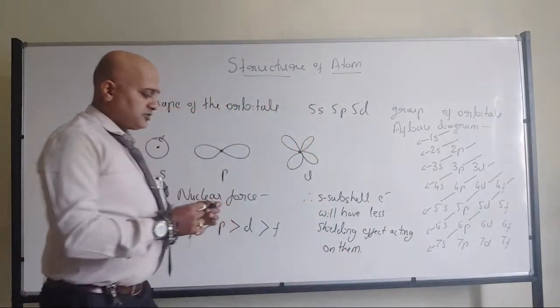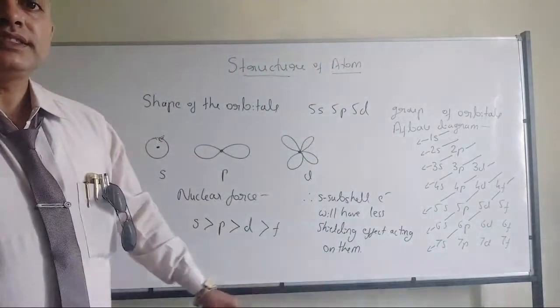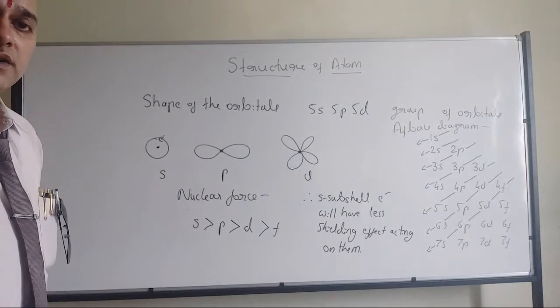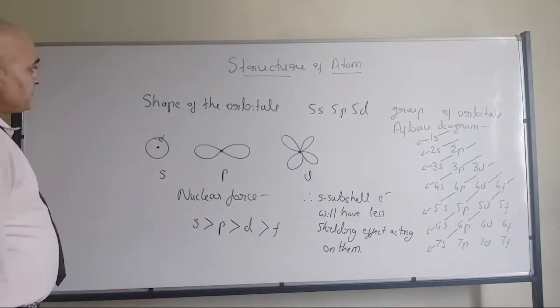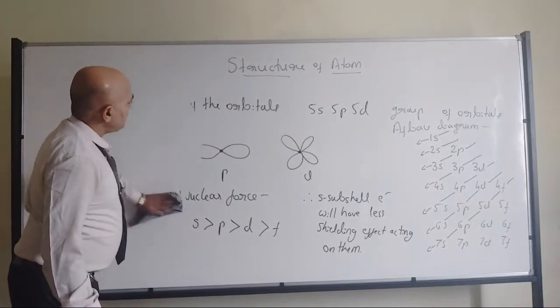All of you have understood? So these are some of the points. We are going to apply all these things in your next year, in some of the topics. Okay? Whether I am clear? So very important is the shape of the orbital, which is also going to have an impact.